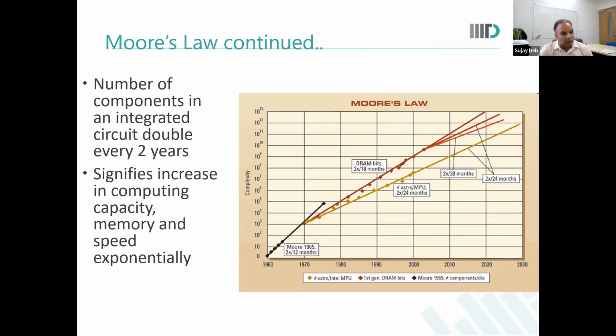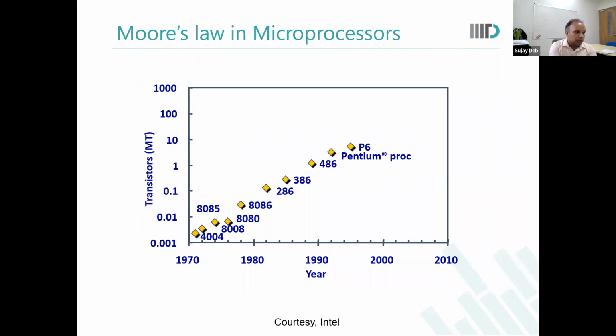As you will know, in processors the number of transistors increases a little slower compared to memory, and this is famously known as Moore's law. In the case of microprocessors also, this trend is very much followed. These are all Intel processors, and if you see how their number of transistors has grown, it clearly shows that the number of transistors has doubled in less than every 2 years.